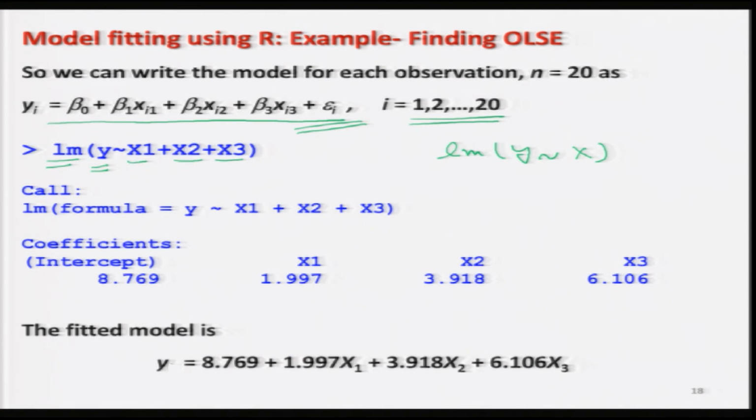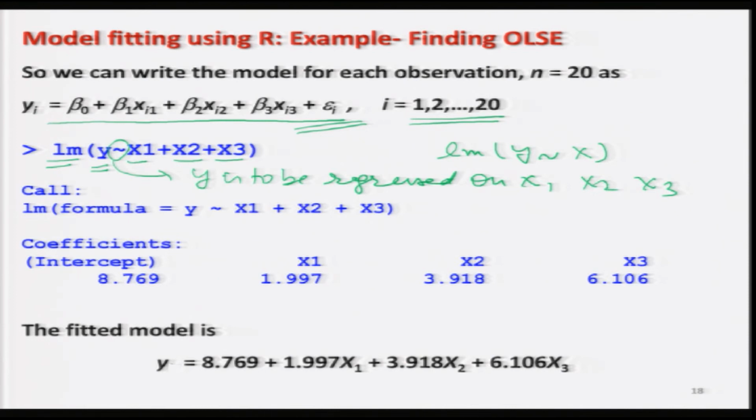So I am writing x1 plus x2 plus x3 with the tilde sign. This indicates that y is to be regressed on x1, x2 and x3.